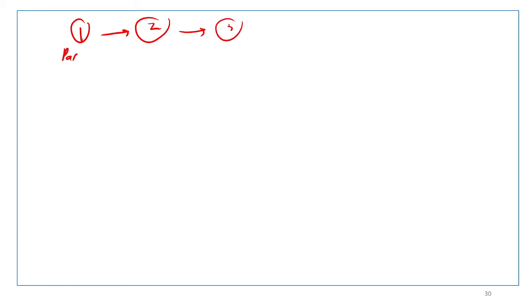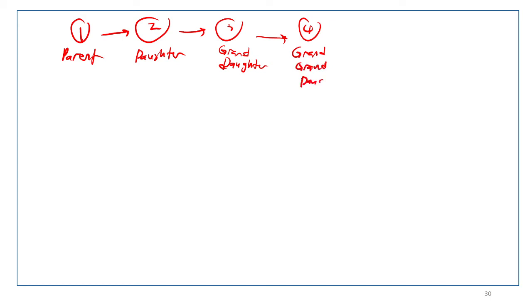So this is parent, daughter, granddaughter. You can continue until finally the ground state or the stable nuclide.